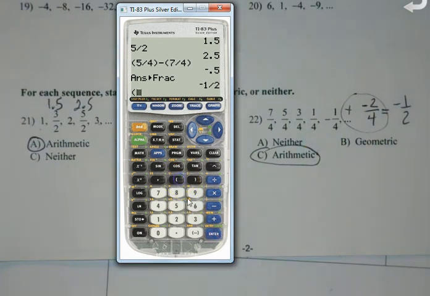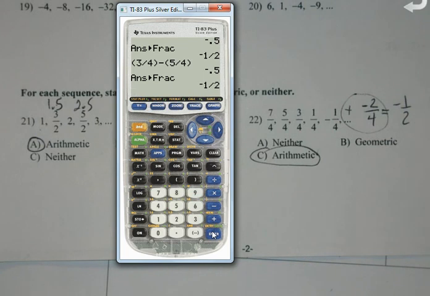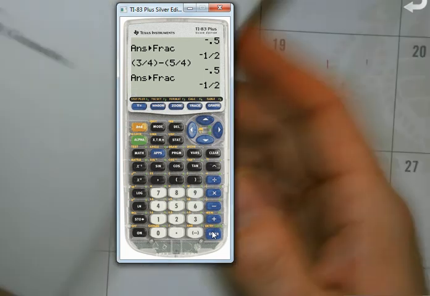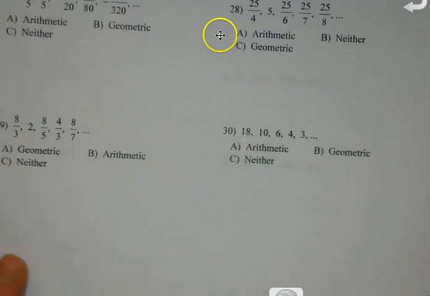And if I do that with any pair in the list, so if you're testing for arithmetic, this is your method. It's -1/2 every time, so it's arithmetic. If I can divide backwards, it's going to be geometric. If I can multiply, it's going to be arithmetic. And then all the rest of these are just the same, doing that same thing.